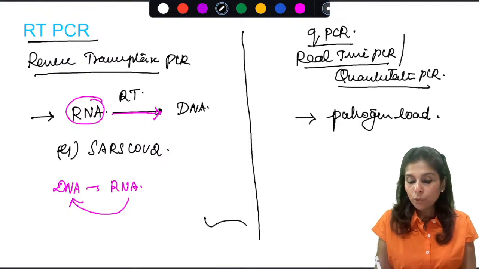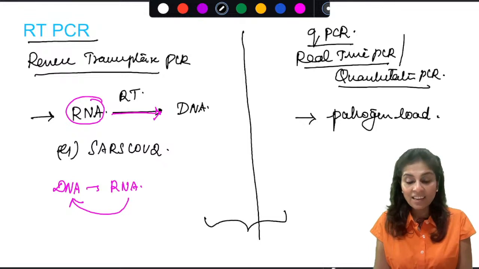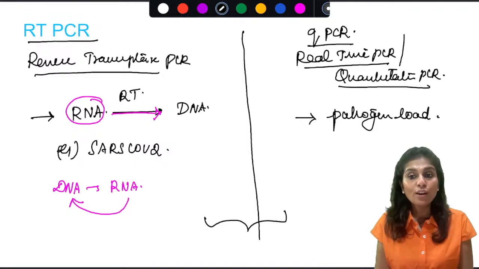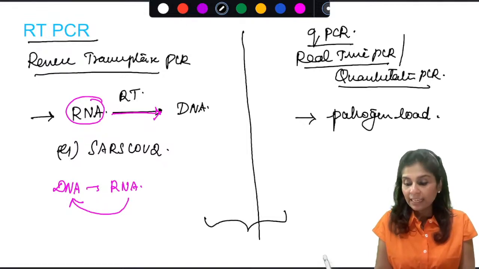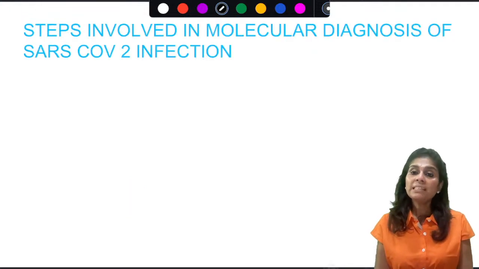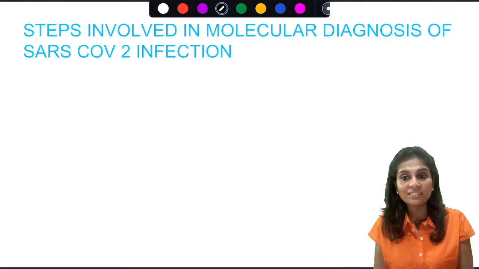Now, let's try to understand reverse transcriptase PCR and real-time PCR by understanding the steps that need to be followed for molecular diagnosis of SARS-CoV-2 infection. Okay, let's try doing that. But what will be step number 1 for molecular diagnosis of SARS-CoV-2 infection?